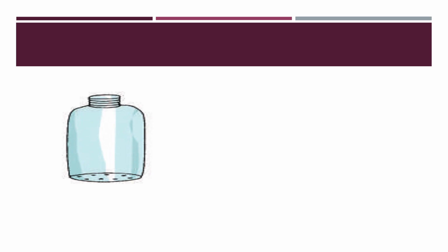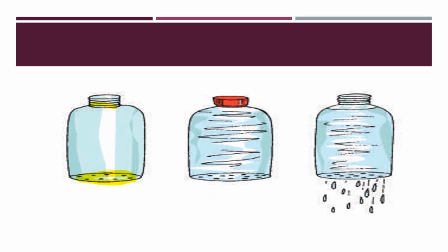Children, this is the bottle we have taken. Can you see the bottle here? And we have made holes at the bottom of the bottle, tiny holes. Now we will fill the bottle with water and put the cap on it. Can you see? The cap is there and we have filled the bottle with water.